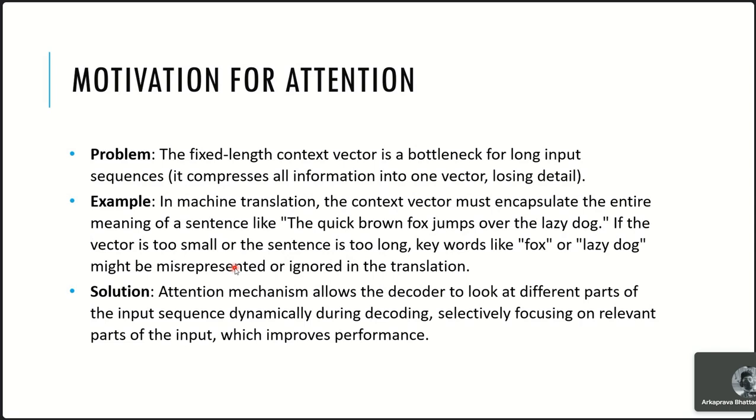Now, how do we solve this fixed length problem? We solve it by using the attention mechanism. We incorporate the attention mechanism, which helps the decoder look at different parts of the input sequence along with decoding.